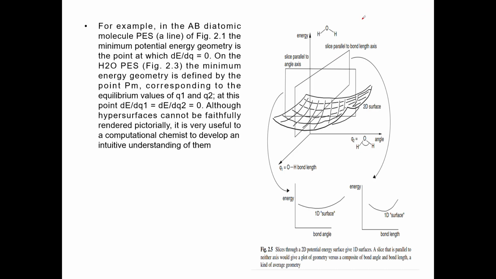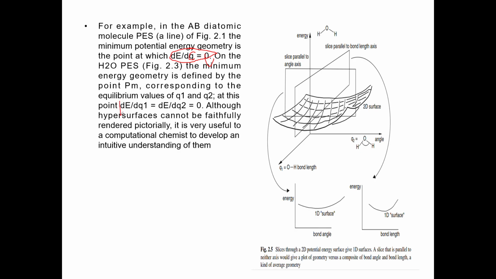And for us, we have a solution. We will take some slices, and a slice is a line in the chart here. With this slice, we turn the 3D plots into 2D plots, and we get the minimum of the energy where the derivative of energy with respect to Q is 0.